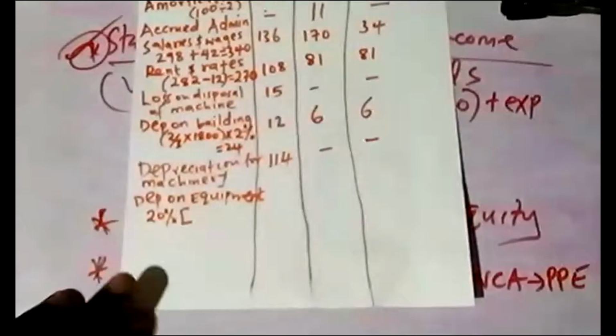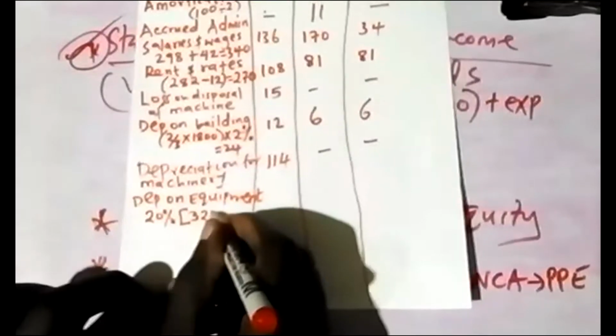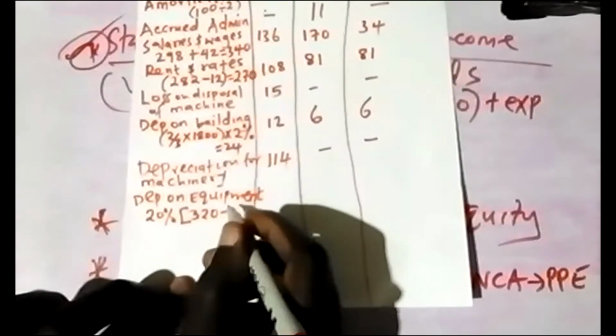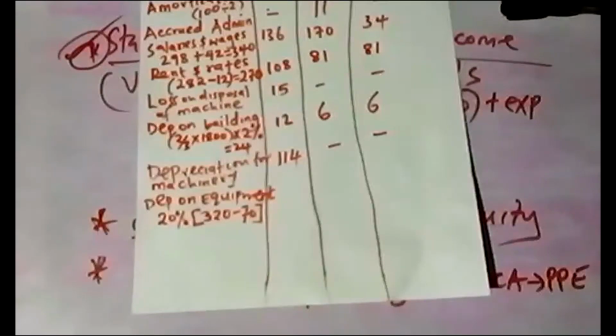I go to my trial balance and take the cost of the equipment, which is 320, minus the accumulated depreciation for that equipment, which is given as 70. So it is the cost minus accumulated depreciation, then you multiply by the depreciation rate. So 320 minus 70 times 0.2. I'm getting 50.